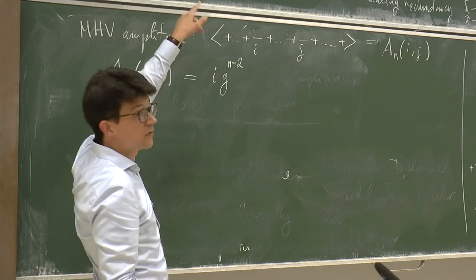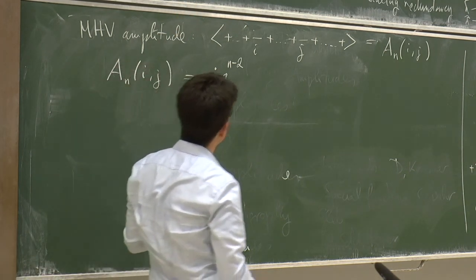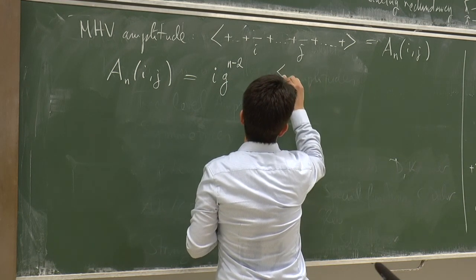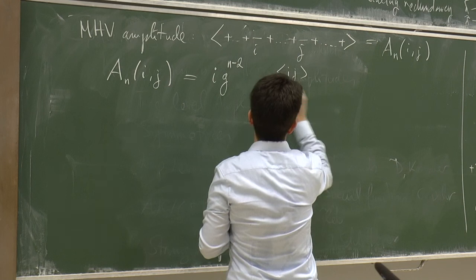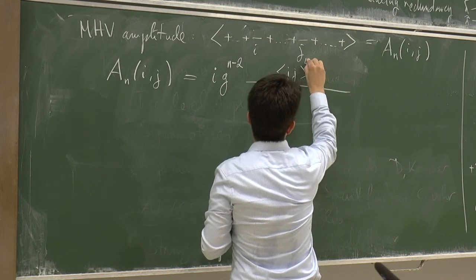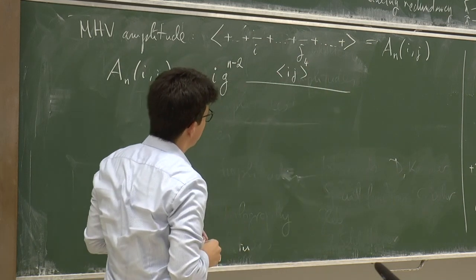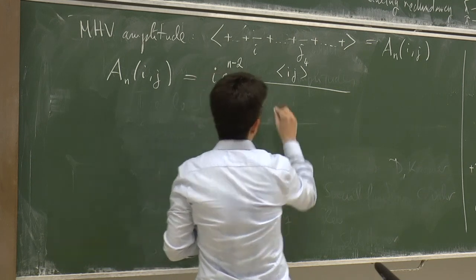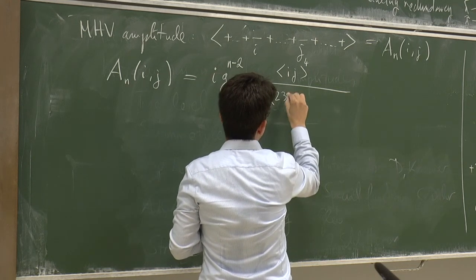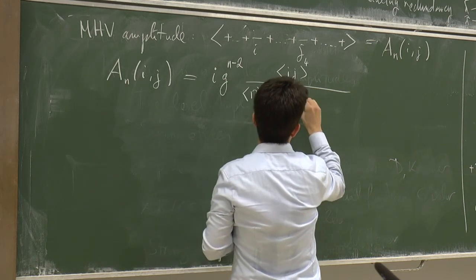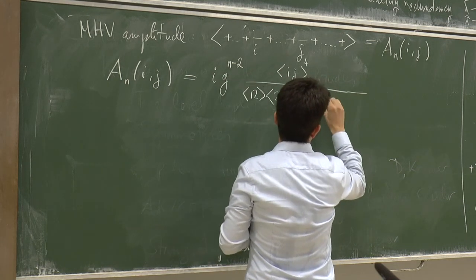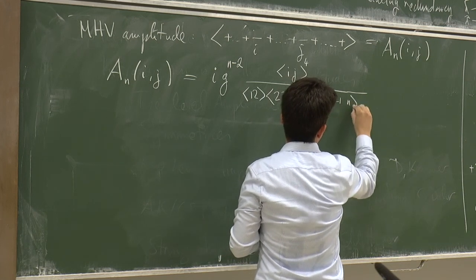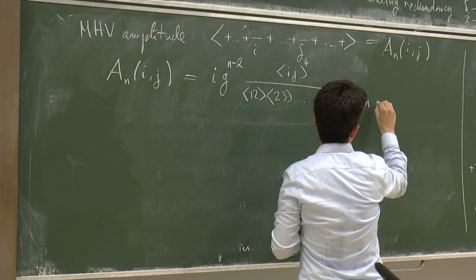It comes from these Feynman rules. And then it's given by the following formula. Upstairs there's the angle bracket ij to the 4. And downstairs we have a string of these angle brackets, 1 2, 2 3, and so on, until n minus 1 n, and then there's a final factor of n 1.